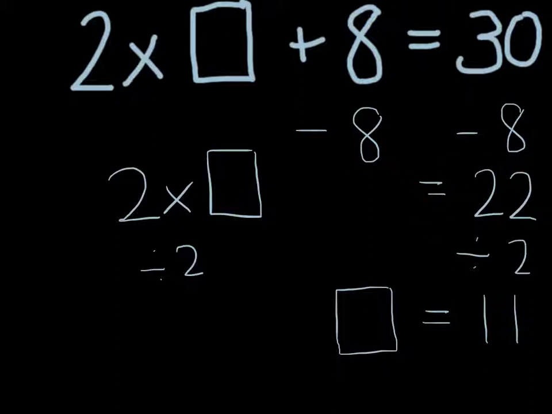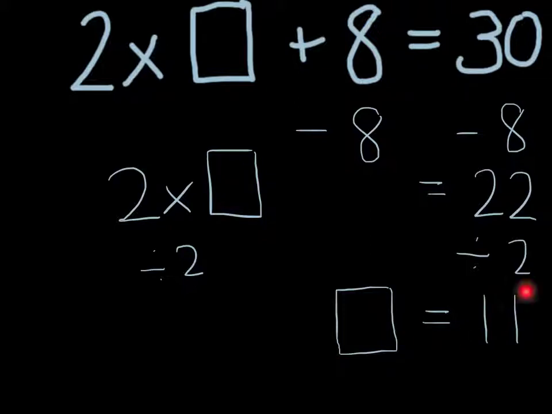To then get the unknown by itself, we want to balance this 2. So we divide and divide to leave us with the unknown equals 11.